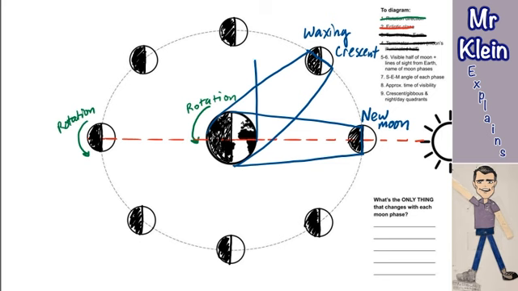And it makes even more sense when we go here to, this is a first quarter. Why do we call it a quarter? It's very clear when you say that, okay, half of the moon is illuminated, half is dark, and then of the half that we can see, only you can see 1/4 of the total moon there. That's visible, and that's why we call it the first quarter.